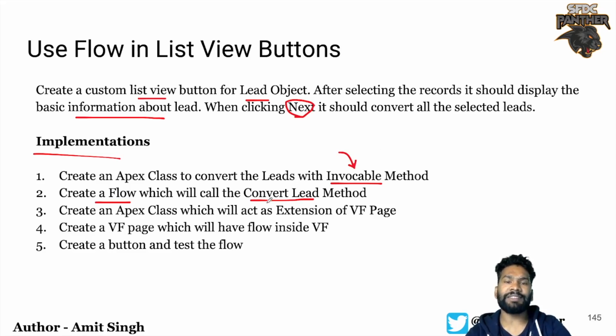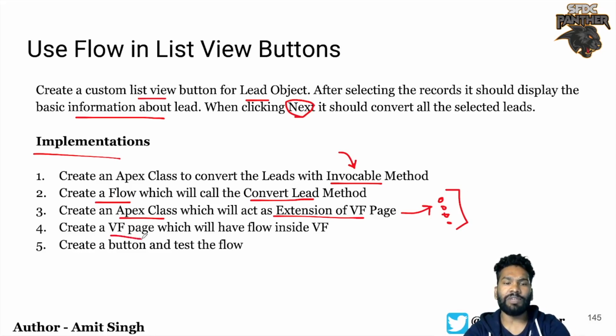Then, as we cannot directly use our flow in the list view button, we will create another Apex class which will act as an extension of a Visualforce page. This class is going to figure out how many records the user has selected. So if the user has selected 10 records, this class is going to give us the IDs of these 10 records, and then we can query and get multiple records as well.